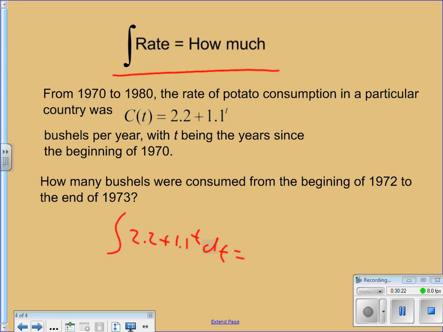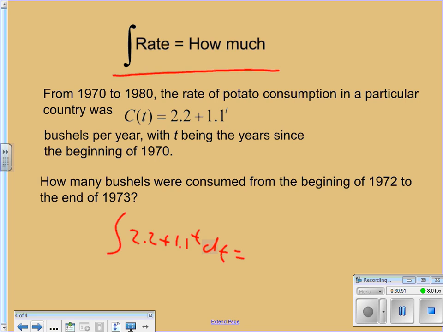You need bounds to come up with how much, so you've got to figure out the bounds. It doesn't start at 0, does it? T is years since the beginning of 1970, and we're starting at the beginning of 1972.